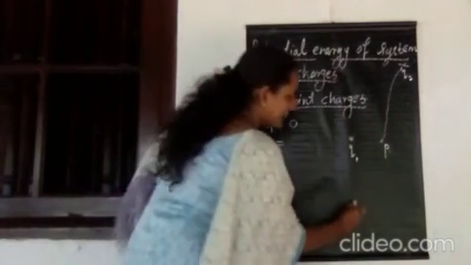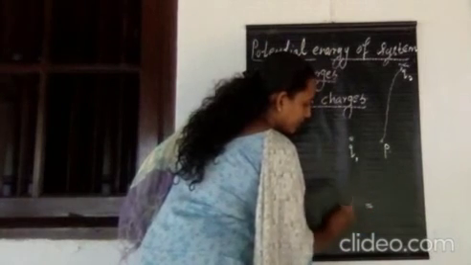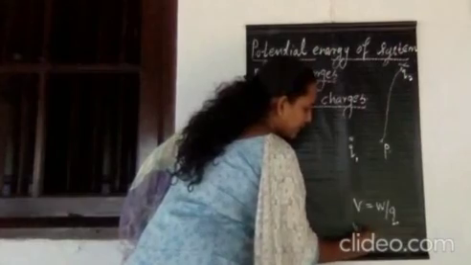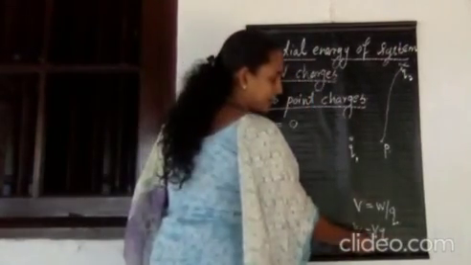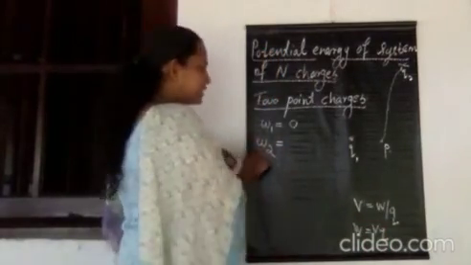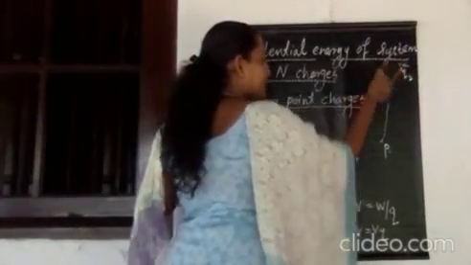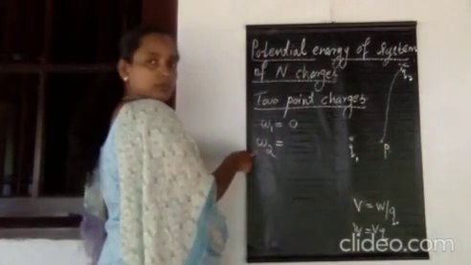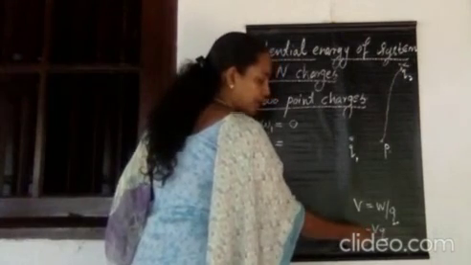We know the general relation: potential V is equal to W by Q. Therefore, W is equal to V into Q, where V is the potential at that point and Q is the charge. So here W2 is the work done to bring the charge Q2 from infinity to the given point P. W means V into Q. But what does V stand for?